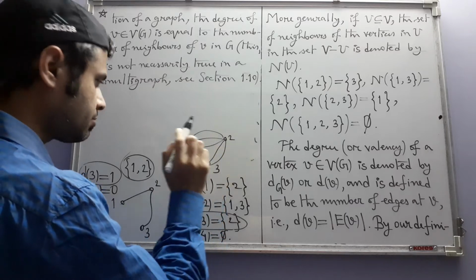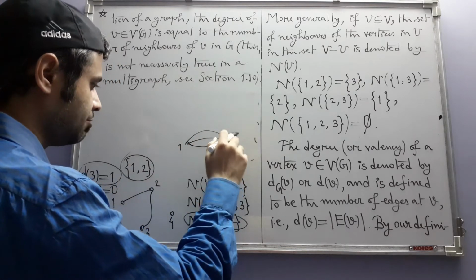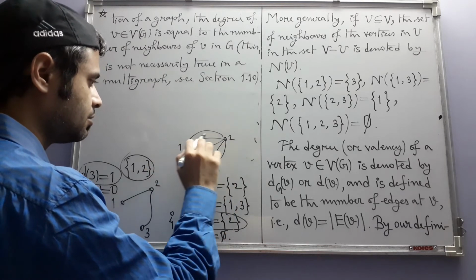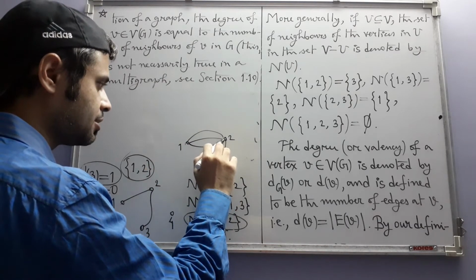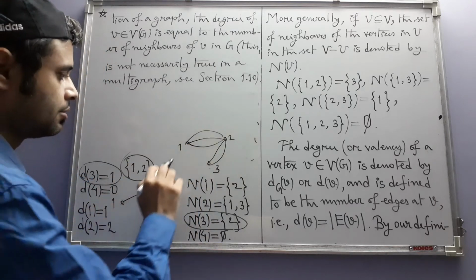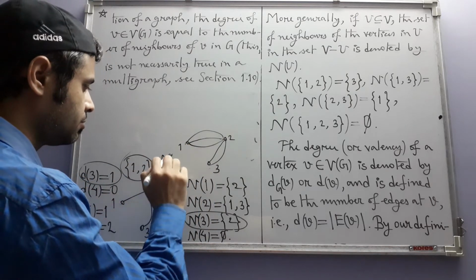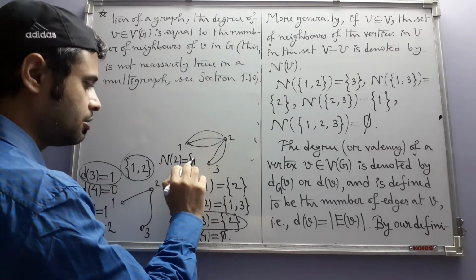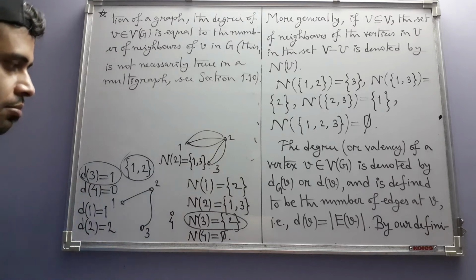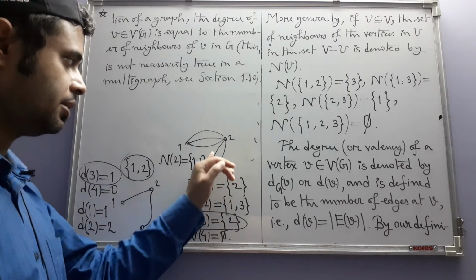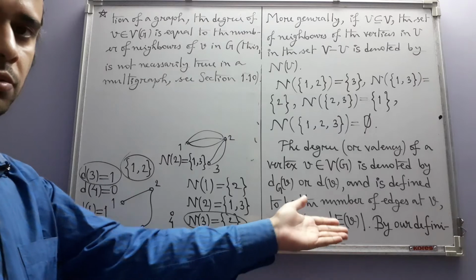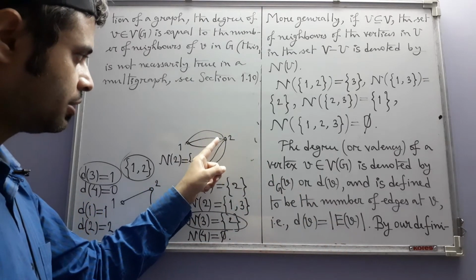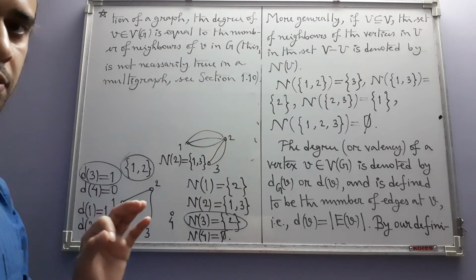Here you see that is not the case. If you extend the definitions, if you call a vertex a neighbor of another vertex if there is at least one edge, then N of 2 is still 1 and 3, but extending the definition of degree directly, like how it's given here, the degree of 2 should be 1, 2, 3, 4, 5, the number of edges incident on 2.